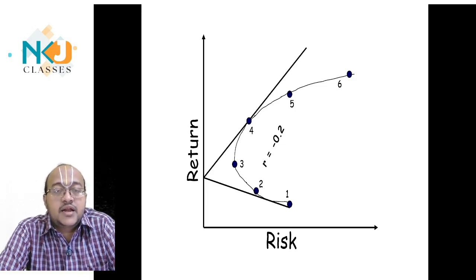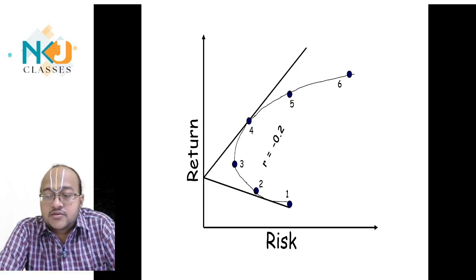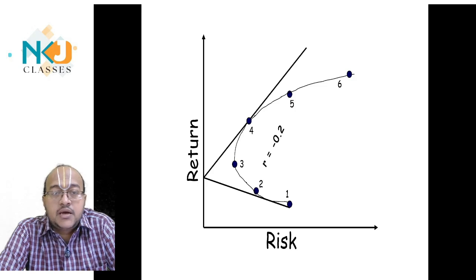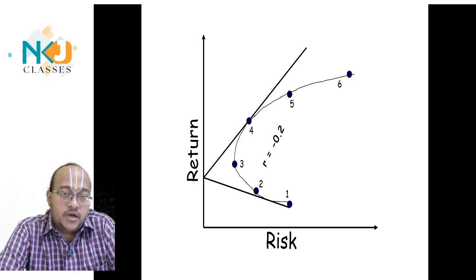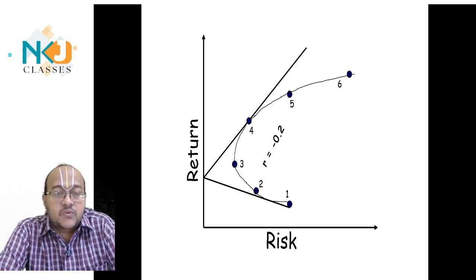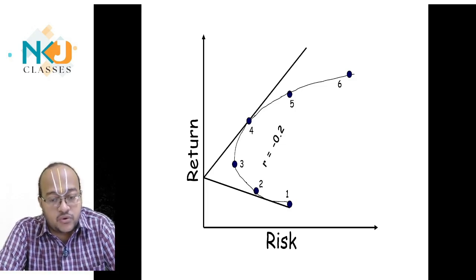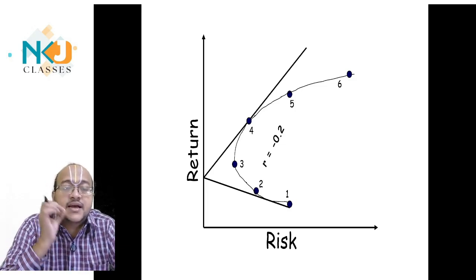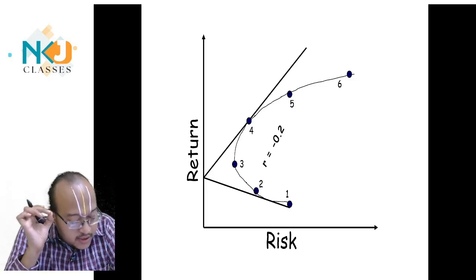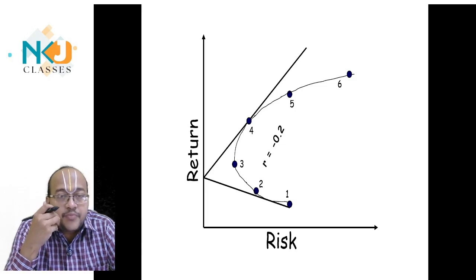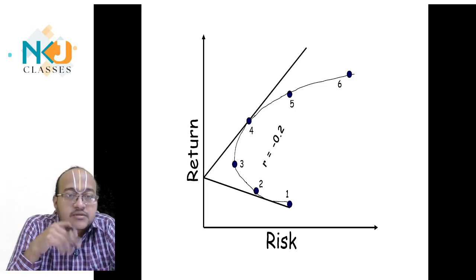We derived a formula: proportion of x is equal to sigma y divided by sigma x plus sigma y. Proportion of y is equal to sigma x divided by sigma x plus sigma y. This is called the minimum variance portfolio in case the correlation is exactly minus 1. Here I am trying to bring up that discussion in parallel.